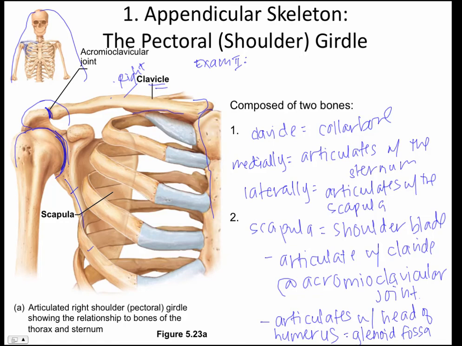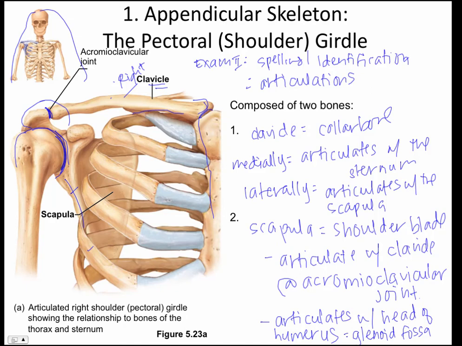And then if I ask you, so you need to know spelling, identification, okay, and then articulations. So because these are bones, you're going to have usually 2 areas where it's going to articulate or come into close contact with another bone.